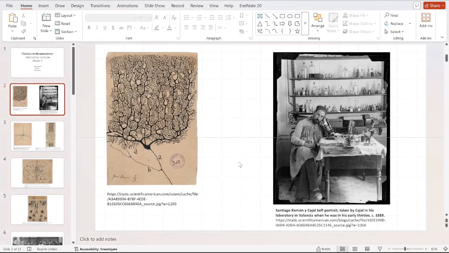Sir Charles Sherrington enjoyed a relatively better environment in Oxford, and Britain at that time was doing fairly well in terms of the scientific endeavors that were being carried out, but that was not true for Spain.